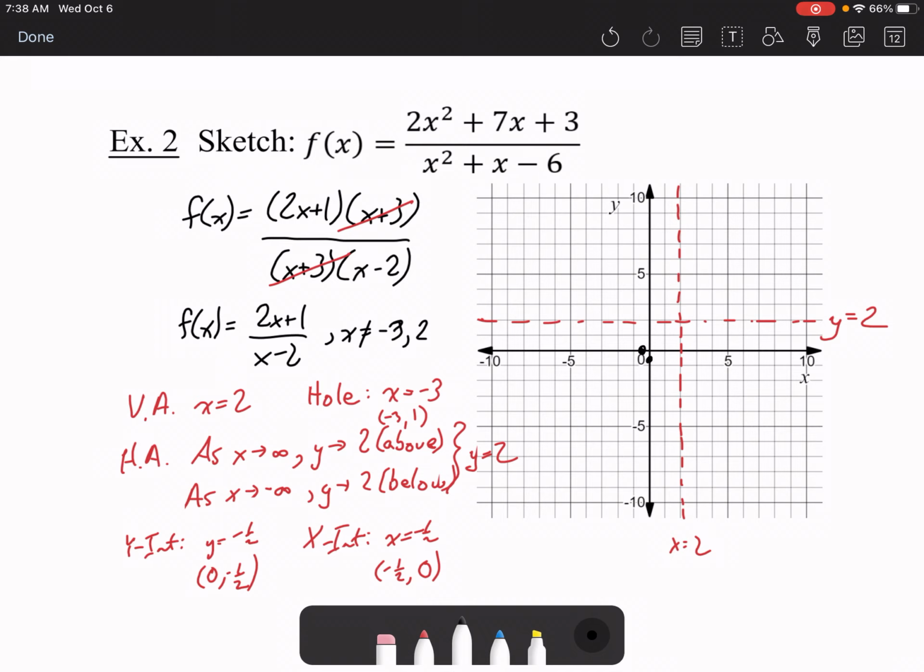So again, we've got to get close to these asymptotes, and we've got to go through these points. We also have a hole at (-3, 1), so I'm going to draw that hole right there.